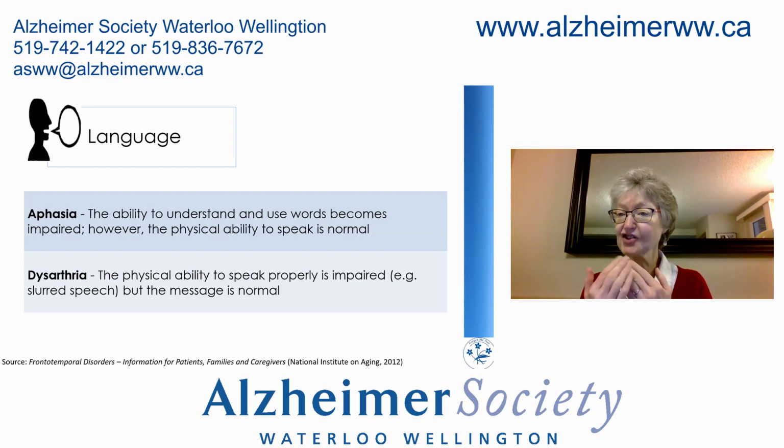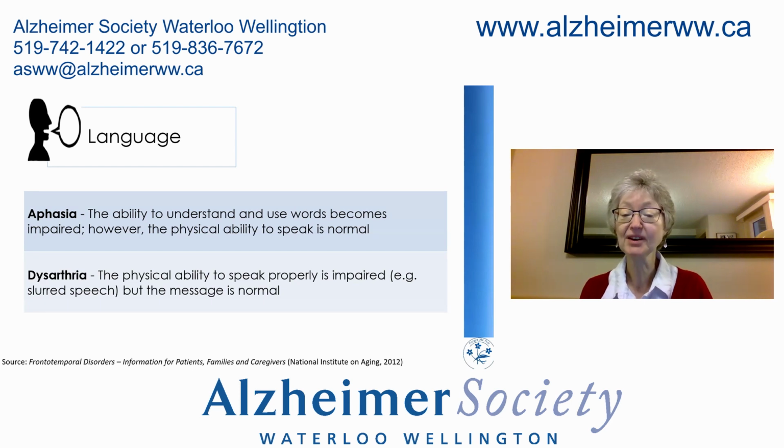If I can't get my message out to you, I have expressive aphasia. So when you have aphasia, you will struggle to understand language, whether it is in spoken or written format. And language problems typically become worse for about the first 2 years after they appear.